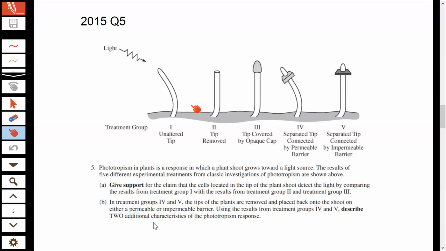Let's look at what happens when you have a permeable barrier. What happens is it's the same as the control. Having the tip there but disconnected through a permeable barrier gives the same result. So what kind of pathway might this show?